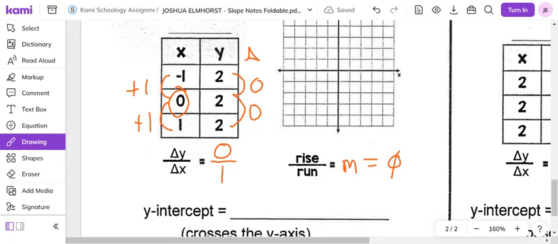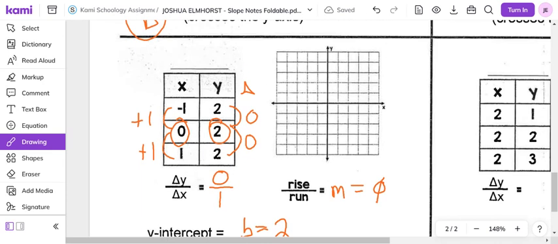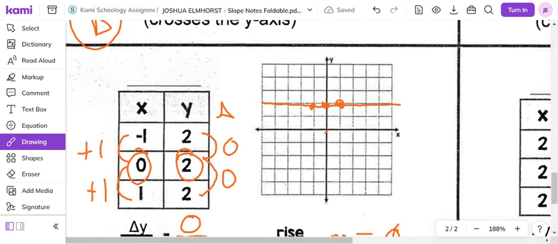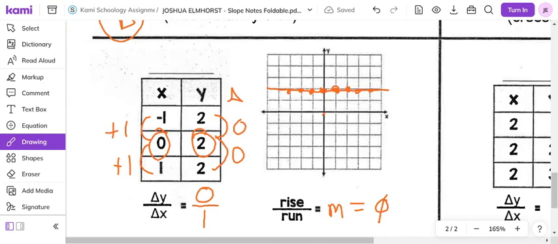Let's see, y-intercept is just going to be b, and that's equal to 2. When x equals 0, y is 2. So this is saying y is 2. So we have 0, 2, -1, 2, +1, 2. So all these points within the line. So if this is laying flat, then we're going to call this 0 slope.